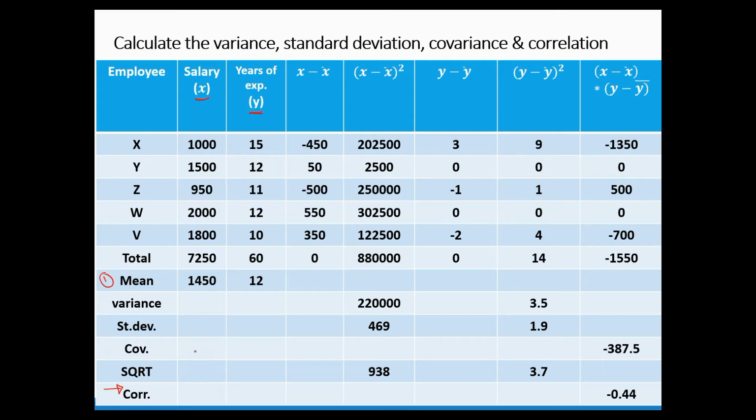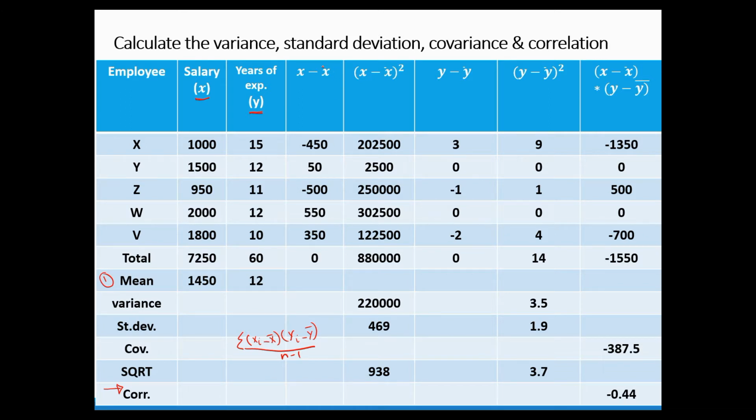So the formula for the covariance, again, is the summation of xi minus x bar multiplied by yi minus y bar, divided by n minus 1. So we need to calculate xi minus x bar.